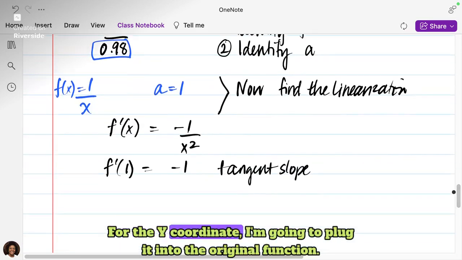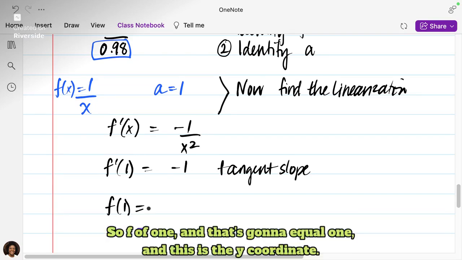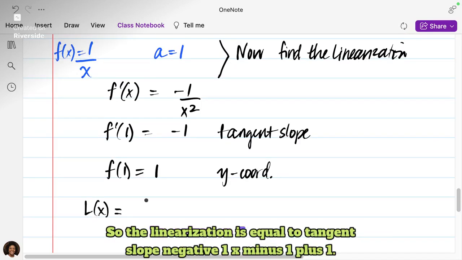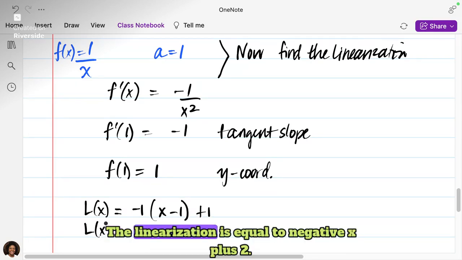For the y-coordinate, I'm going to plug it into the original function. So f of 1 equals 1, and this is the y-coordinate. So the linearization is equal to the tangent slope negative 1, times x minus 1, plus 1. The linearization is equal to negative x plus 2.